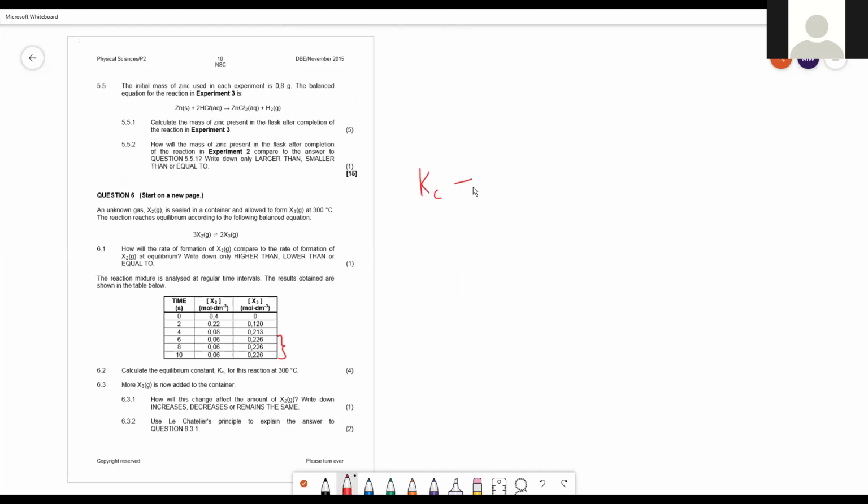So Kc is equal to products over reactants. Our product is x3 to the power 2. You divide it by the reactants, which is x2 to the power 3. And then you get its values off of here. So this is my x2, which are my reactants. So this is where I have reached equilibrium. So I'm going to say 0,6 cubed.